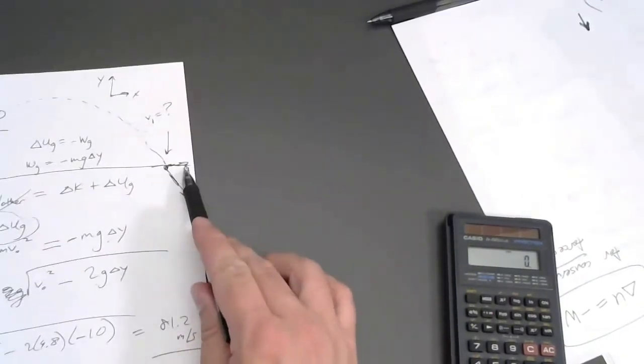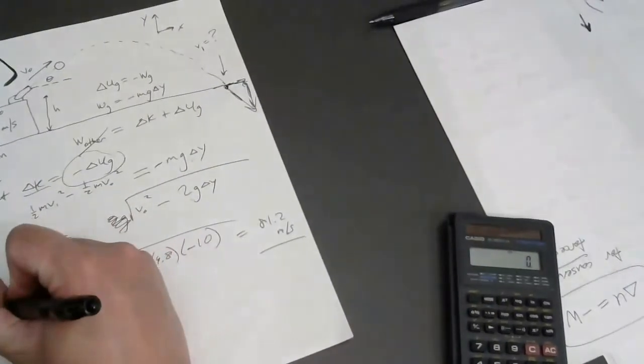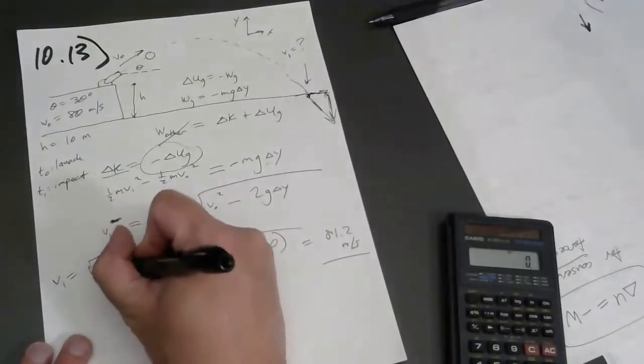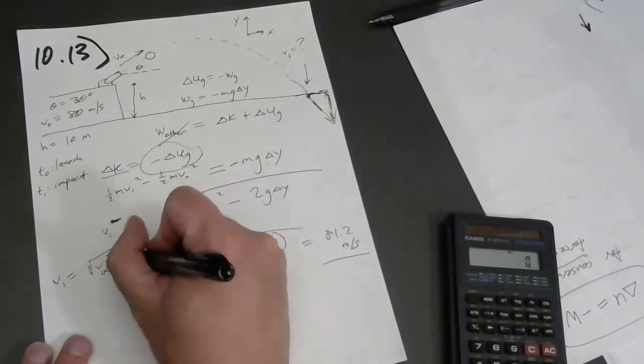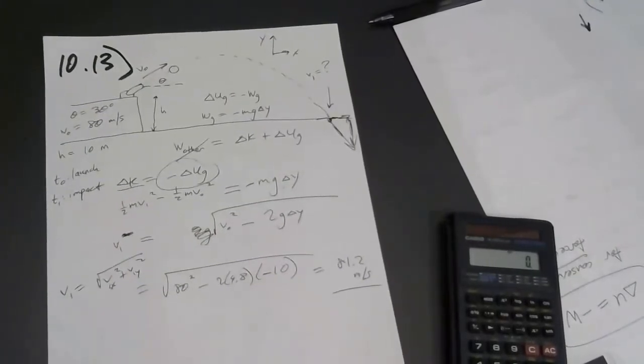You'd have to find the x component of v1, the vector, and the y component, and then say this, v1 is the square root of v1 x squared plus v1 y squared. That's more work. So I think that this method is definitely simpler. And if I didn't have to go through all the background stuff, it would be simpler still.